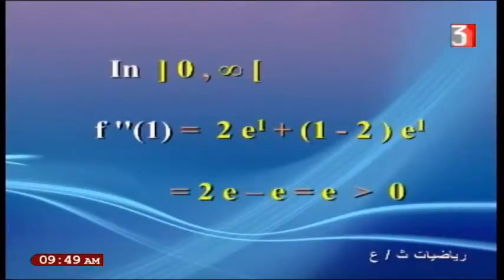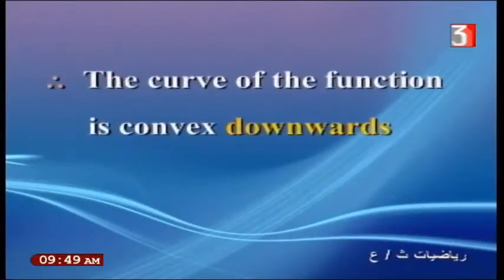Then f double dash 1 equals 2e minus e, which equals e, a positive value bigger than 0. When f double dash is bigger than 0, then the curve of the function is convex downwards.